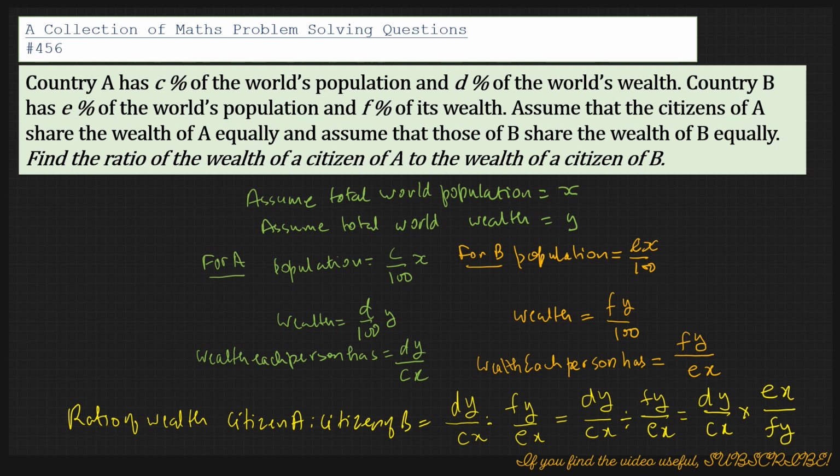The idea is to get rid of the x's and y's, that's why I'm doing this. So we remove the y's and the x's, and we are left with the ratio of wealth equal to DE out of CF.